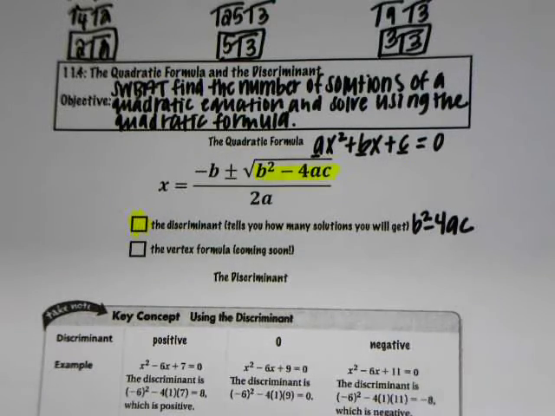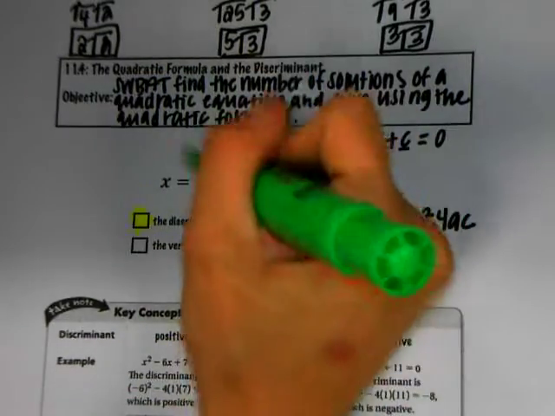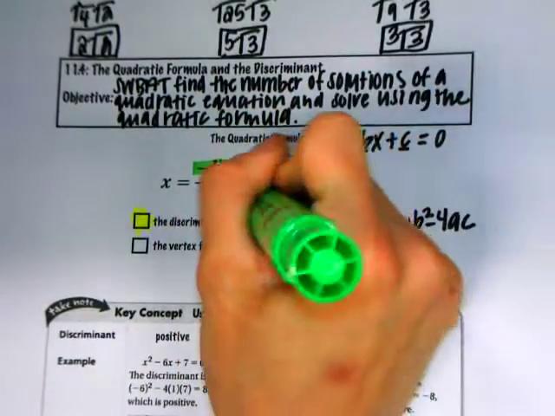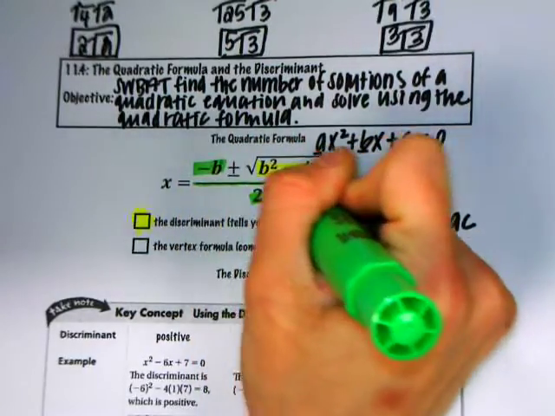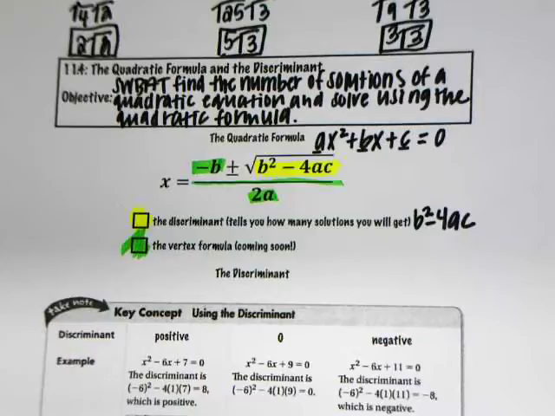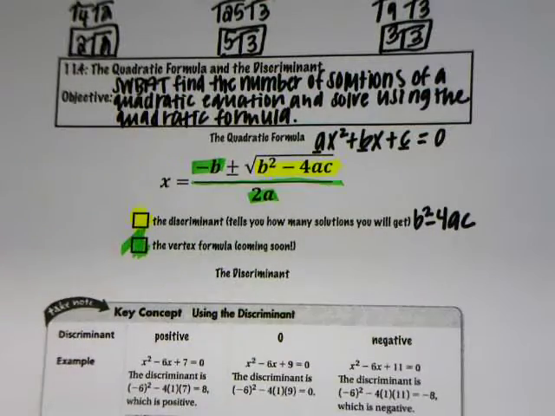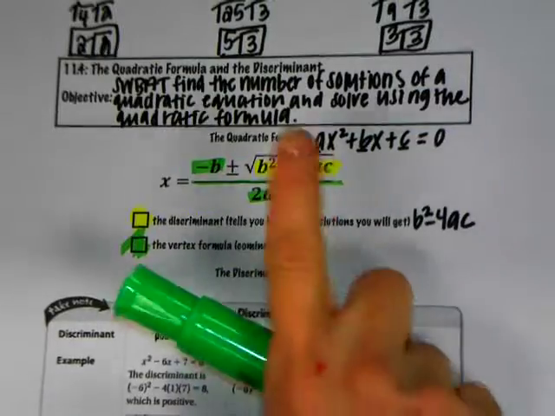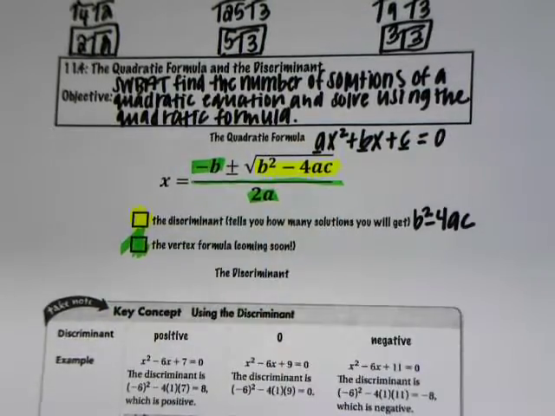And then this other piece, the negative b over 2a, that is actually your vertex formula. And we're going to use that whenever we start graphing. So that's going to be able to find your vertex for your graph. Okay? So we're only focusing on the discriminant and then the whole thing today.